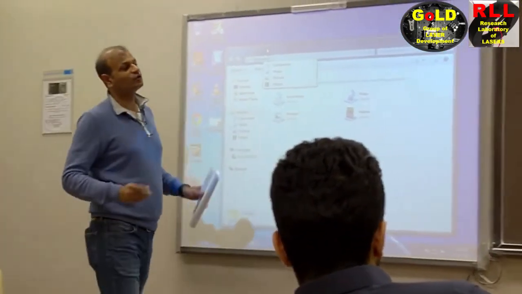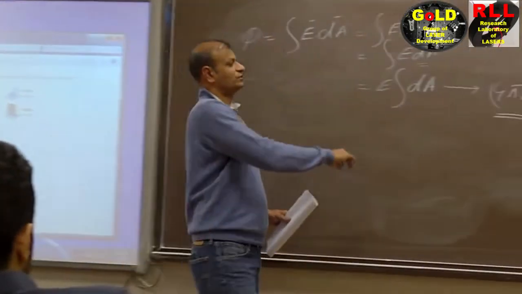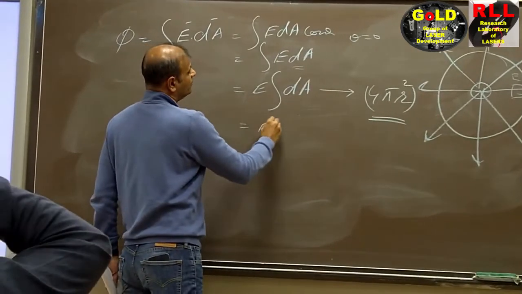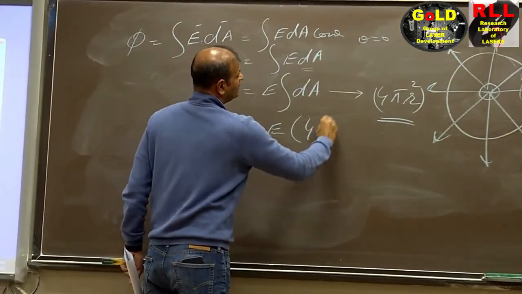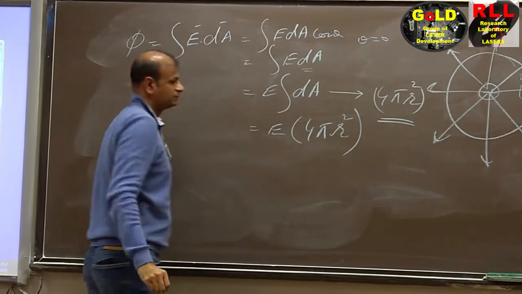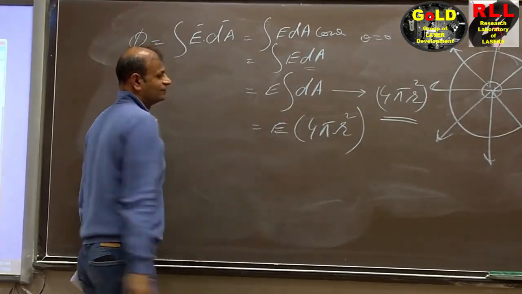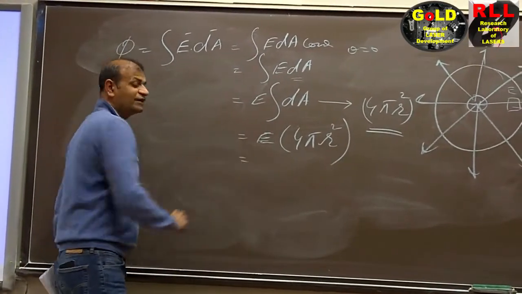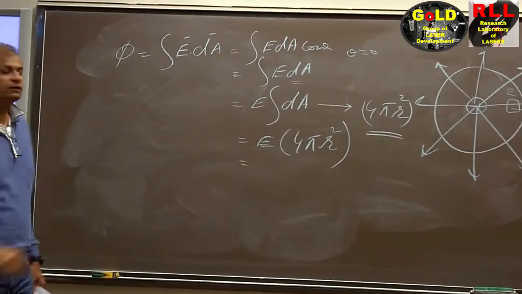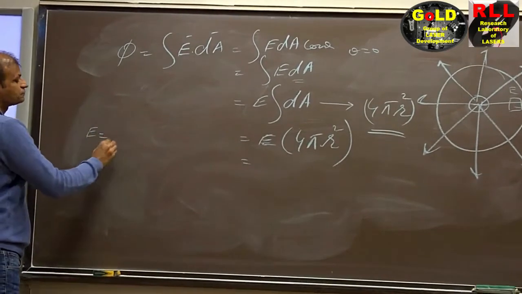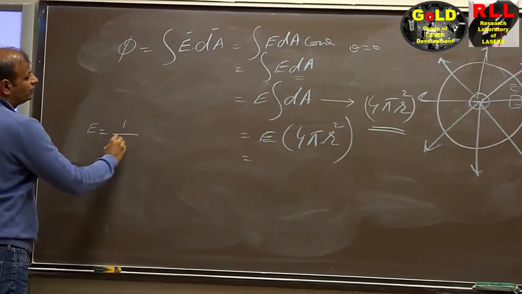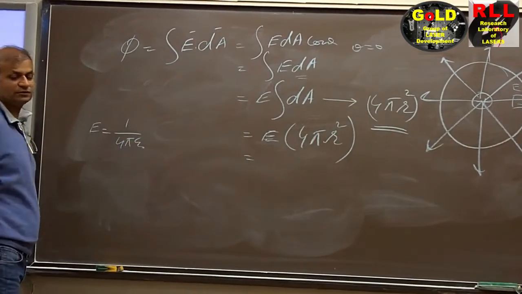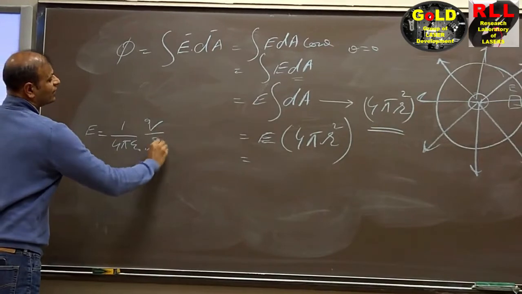So the integral, this is the area of the whole sphere, not the patch. Area of whole sphere. So it means you can write 4 pi r square E. Okay? Is it clear? Now E, electric field is equal to what? Last chapter. K Q over R square. K, value of K is 1 over 4 pi epsilon naught, Q over R square.